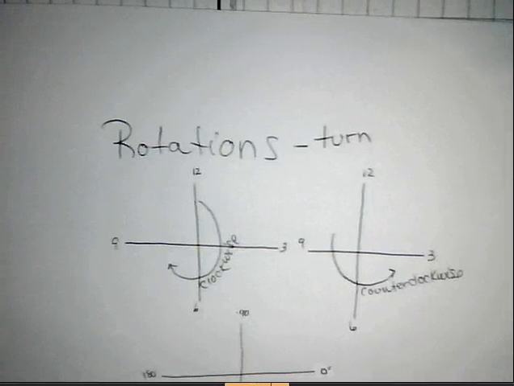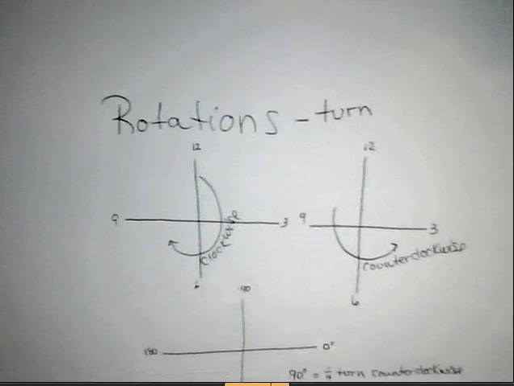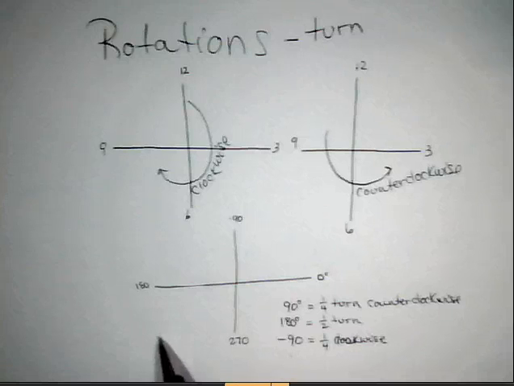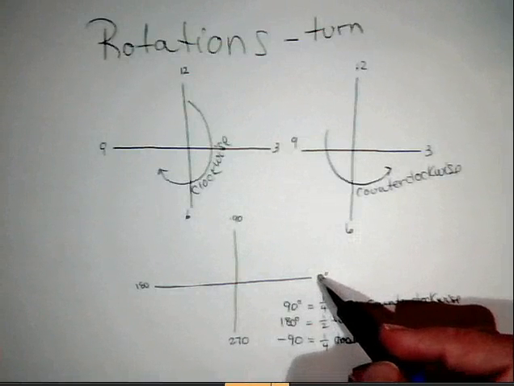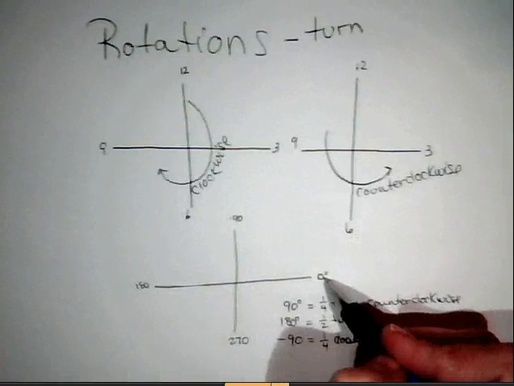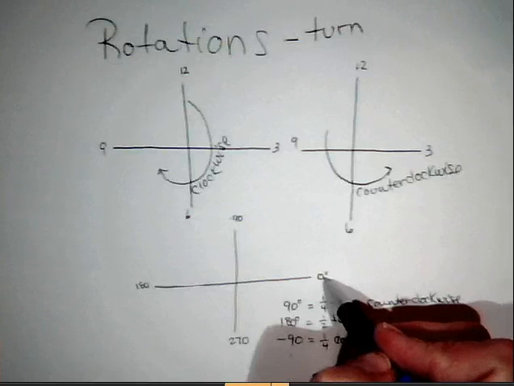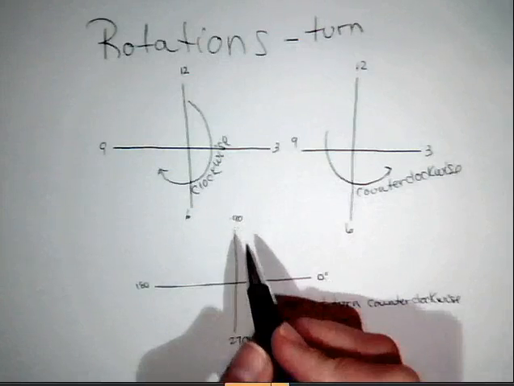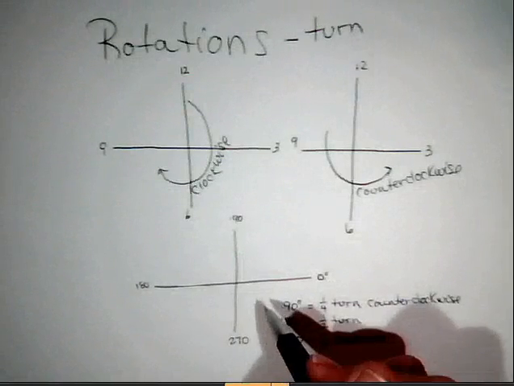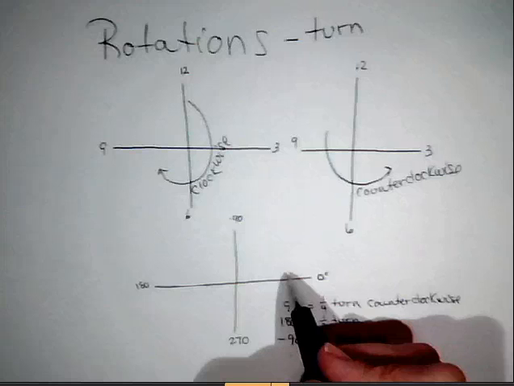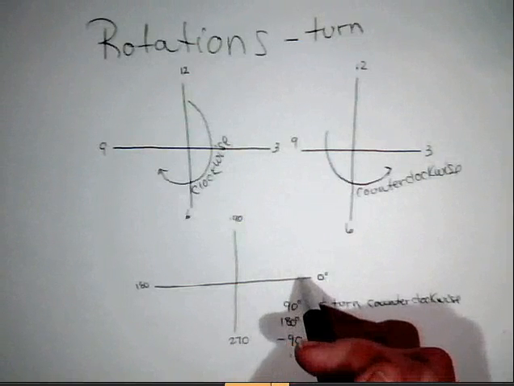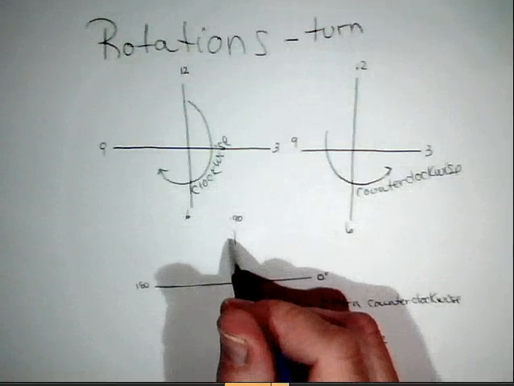When we talk about the unit circle and things like that, when we look at the coordinate plane, 0 degrees starts here at the right, and then 90 degrees actually is counterclockwise. Now, in most of your rotations, they're going to tell you which way to move, but if it just says a 90-degree rotation, then it's going to be counterclockwise.